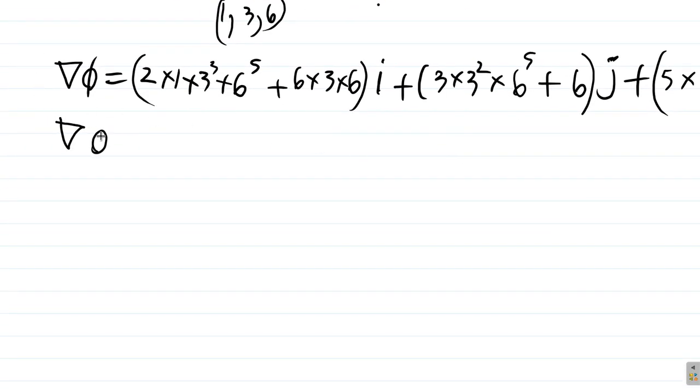So nabla phi is, let me work on my calculator off the air. 6 to the power of 5, 7,776, times 3 cubed, 3 times 3 is 9, 9 times 3 is 27, so that's 27. Times 2, well, 419,904. It's 419,904.